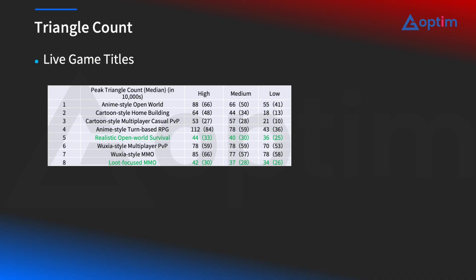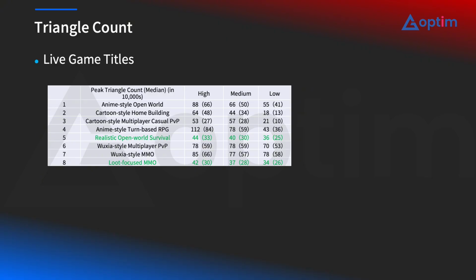In particular, one open-world survival game with a realistic art style consistently stays below 500,000 triangles from any viewing angle. This is an excellent level of optimization, especially considering that its visual quality remains very high. This shows that with strong optimization, it is possible to achieve high visual fidelity without requiring extremely high triangle counts.